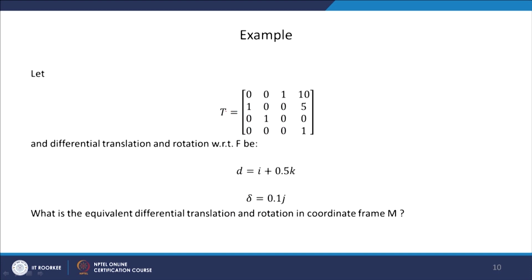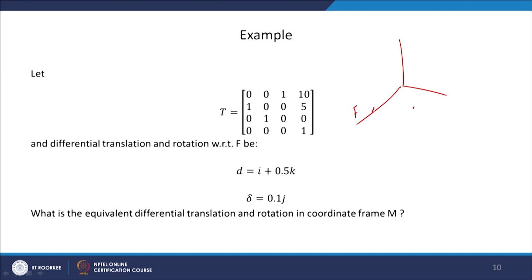So, for example, if at a particular instant this is a given frame, and in that frame the origin is shifted to 10, 5 and 0 somewhere here, and then the new coordinate frame is such that the x axis of the m frame is 0, 1, 0.